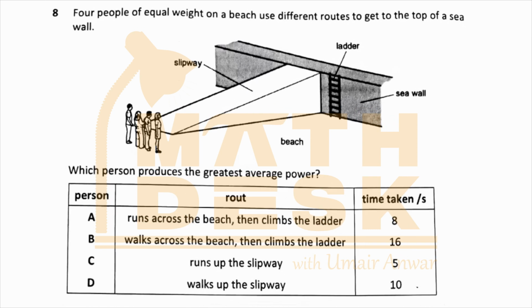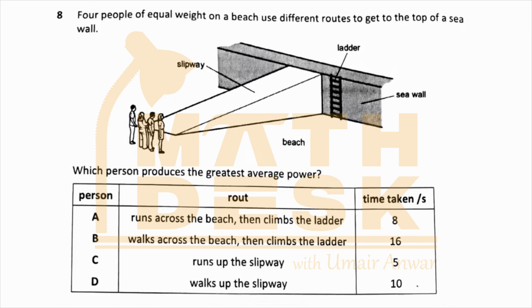Next question, four people of equal weight on a bench use different routes to get to the top of a sea wall. Which person produces the greatest average power? Person A runs across the beach, then climbs the ladder. So this is the first person who runs across the beach and then climbs this ladder, and the time taken is 8 seconds.